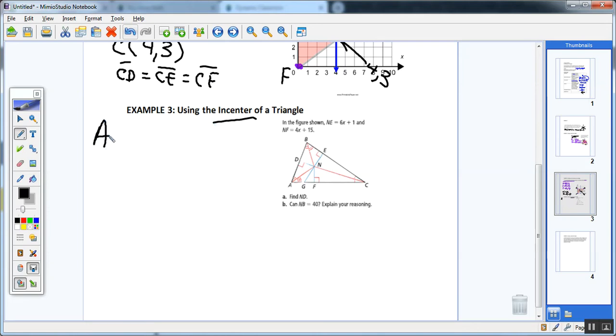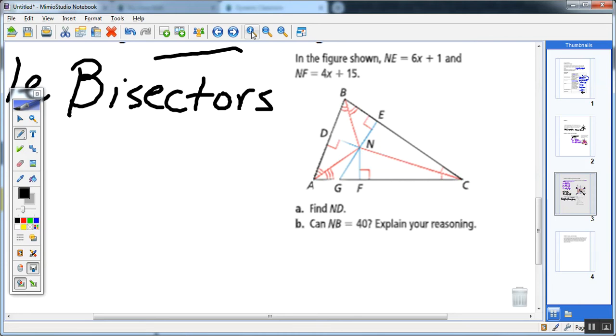This is an example for angle bisectors. It says in the figure shown at the right, NE is equal to what?